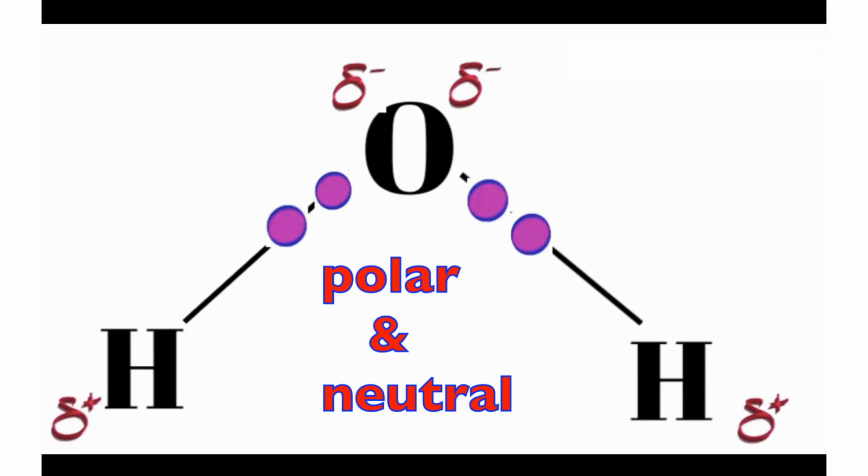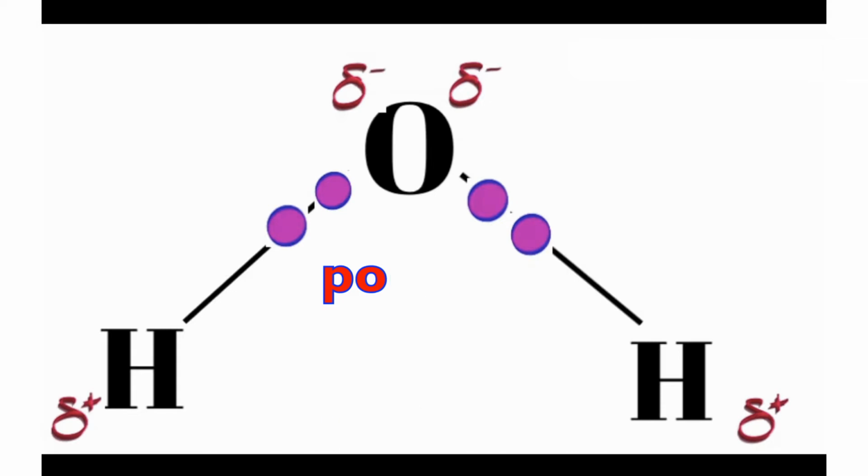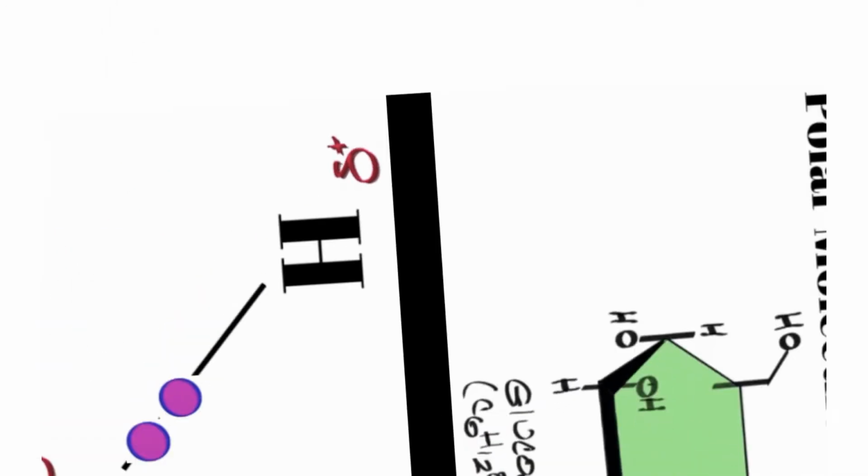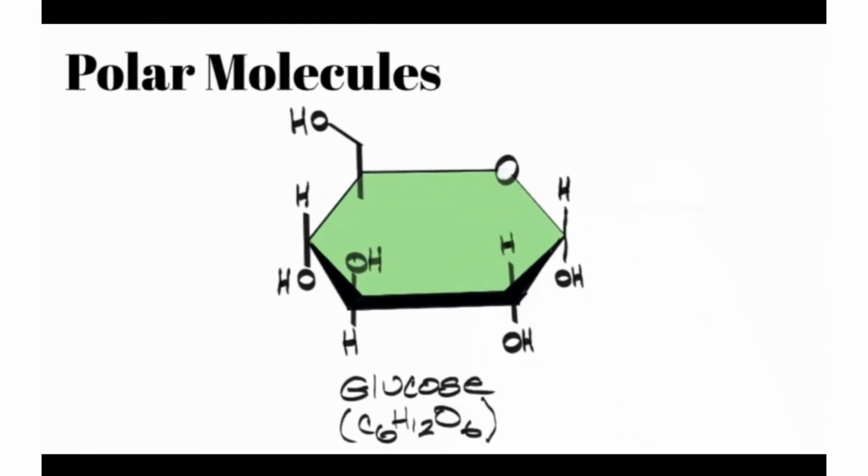We say it's a polar molecule because the characteristics on one end of the molecule are different from the other end of the molecule. Specifically, negative on one end, positive on the other. That makes it polar, just like a battery that has a positive charge on one side and a negative charge on the other side.